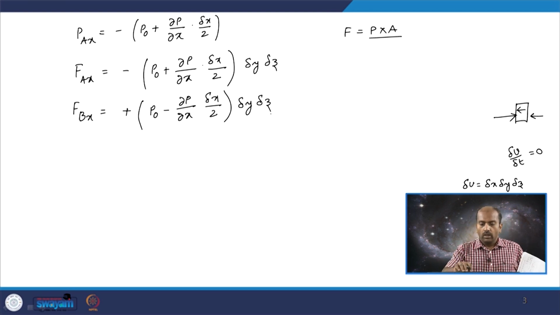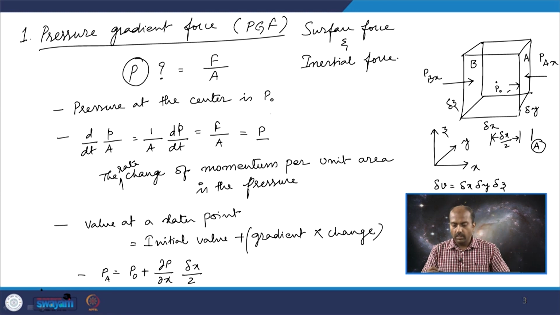So, this is the net component of force. The force that is existing due to the molecules inside is exactly balanced by the force that the boundary of this volume experiences due to the gas molecules outside.